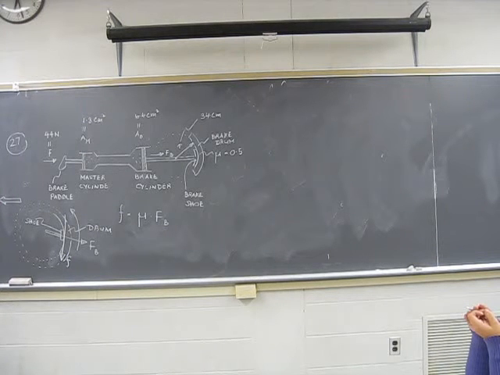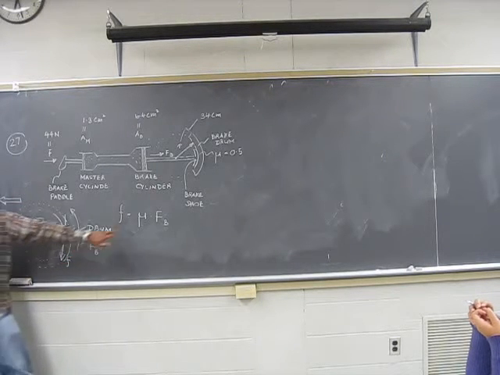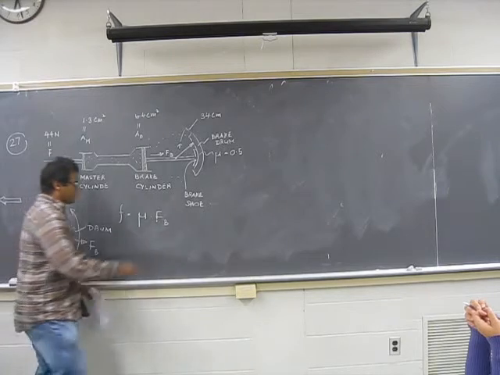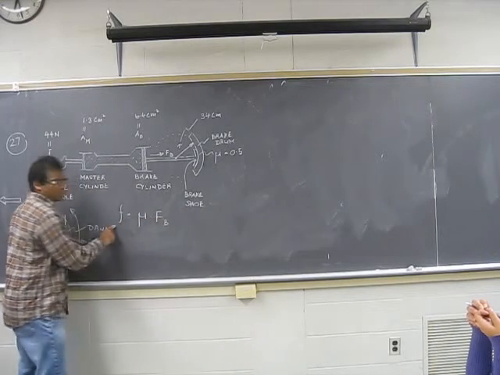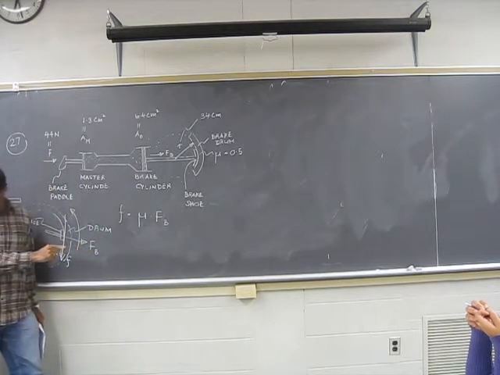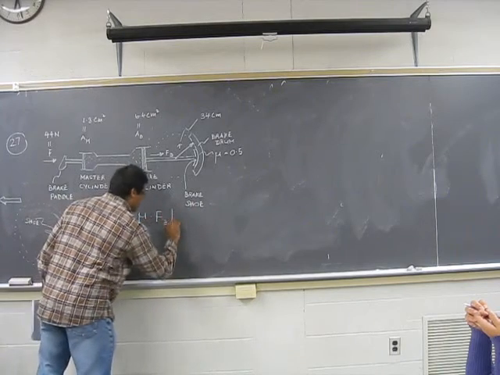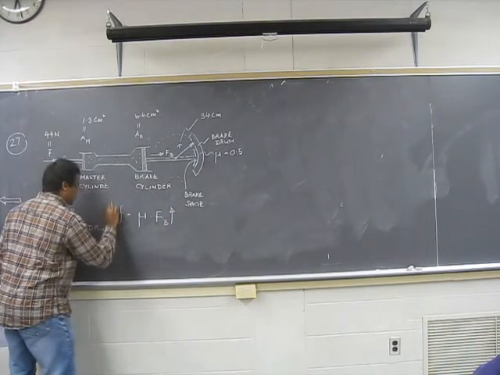So how do we increase the frictional force? Any guesses? How do you stop your car faster? Push it harder. You brake harder, right? So in other words, if I increase FB, this has to go up, right? If I increase this, what happens to this?